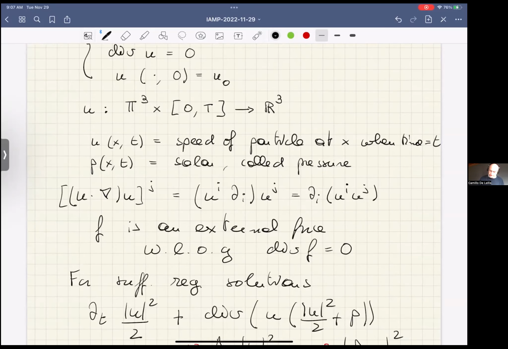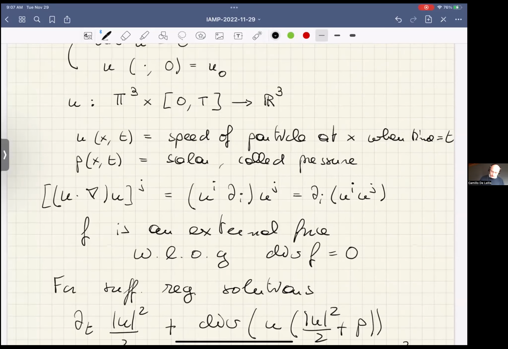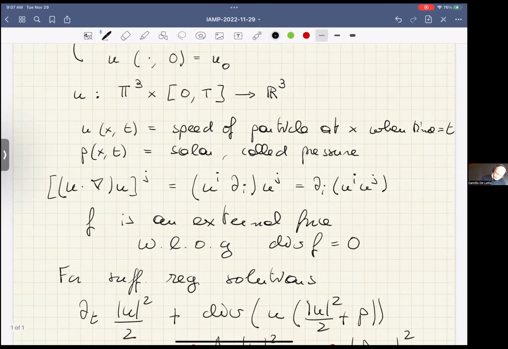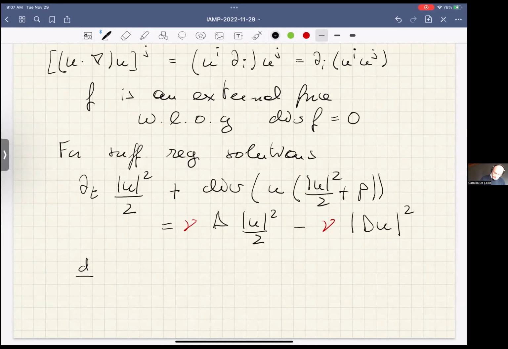And if you integrate this, you actually find the conservation law for the total kinetic energy. So if I take the time derivative and I integrate this equation in space, you see, of course, that there is a flux term, this divergence term, which is going to disappear because I am assuming I am integrating over the periodic torus.